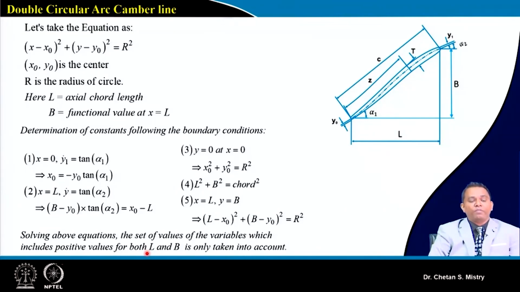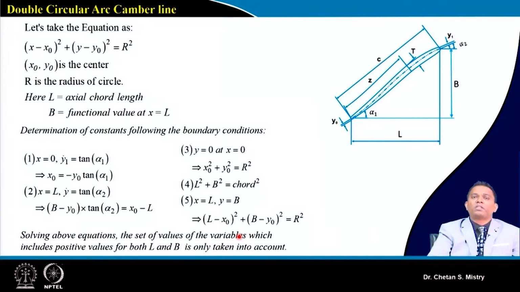Based on that, if we put in our boundary conditions, the same boundary conditions we have discussed as condition 1, condition 2 and condition 3, and we use Pythagoras law, we will be able to achieve the coordinates for my camber line. So this is for the double circular arc camber line.